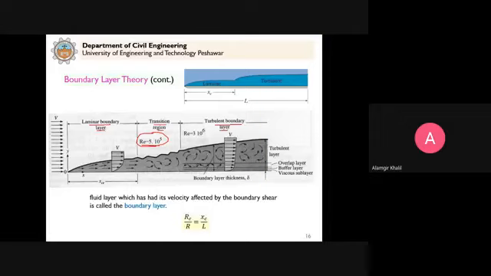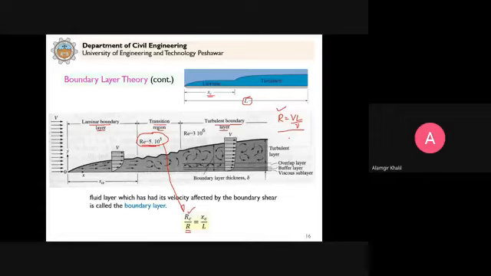Rc, which is the critical Reynolds number, divided by R, which is the total Reynolds number for the entire length L, because R is equal to V into L divided by nu. And Rc will be at a distance Xc.